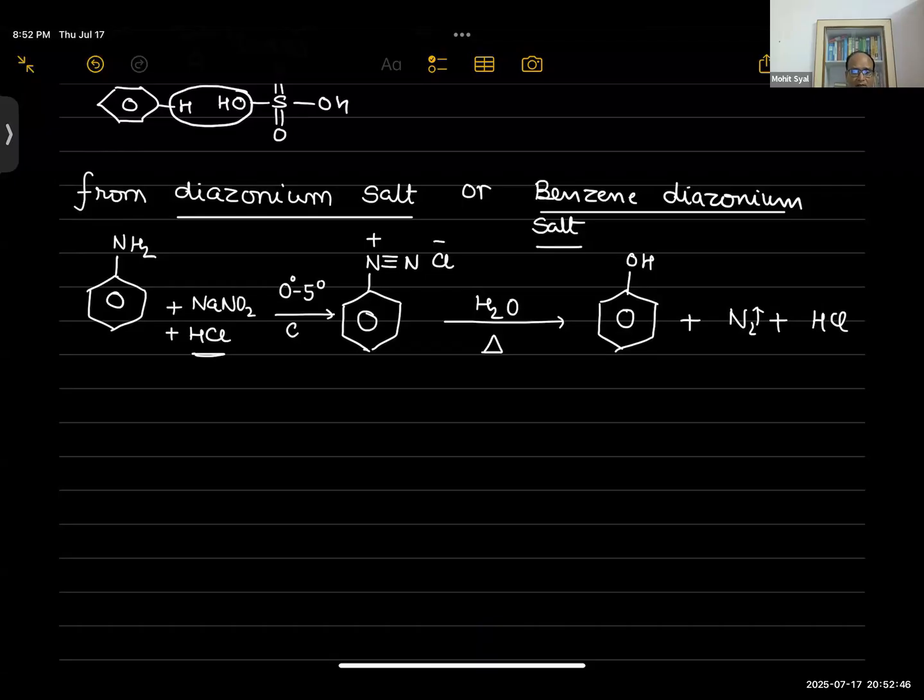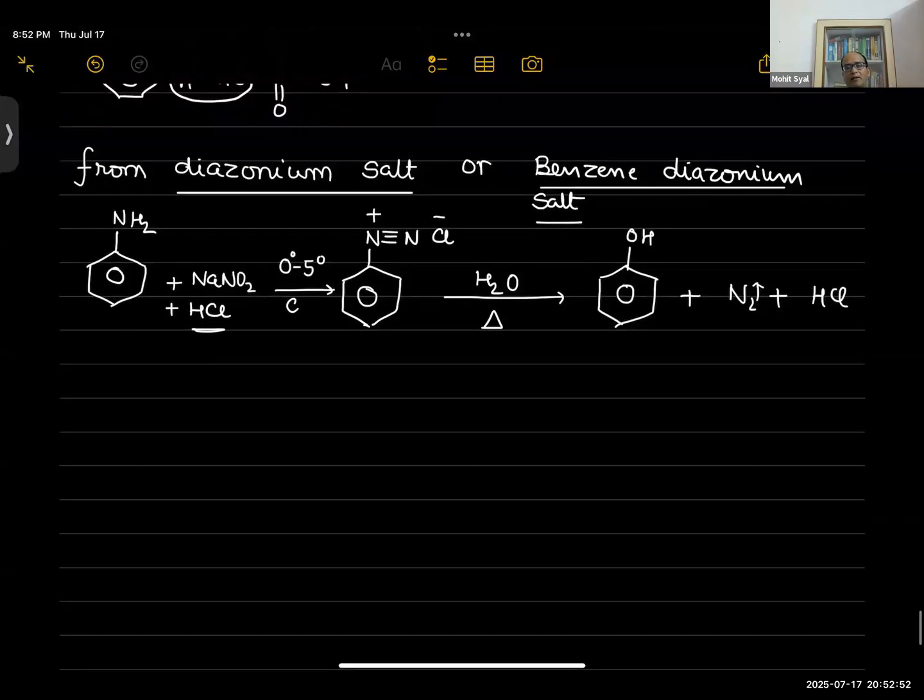Okay, we have seen various other methods also for the preparation of bromobenzene and chlorobenzene. We have seen Sandmeyer and Gattermann in the previous chapter. So suppose you want to convert it, just a quick recap, I will ask two more things.